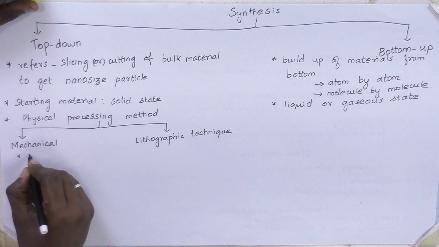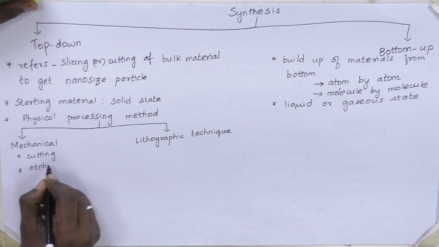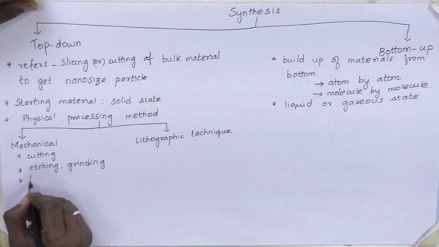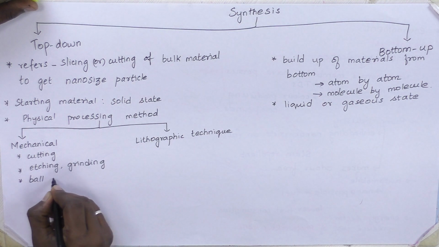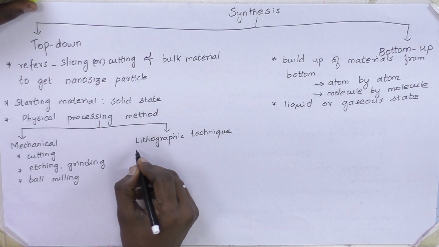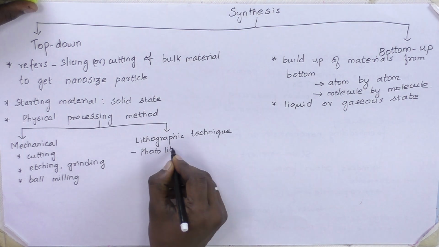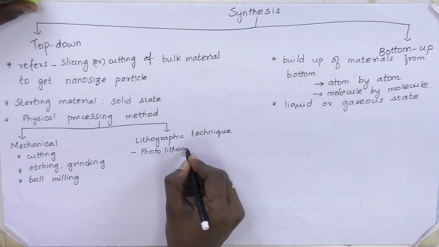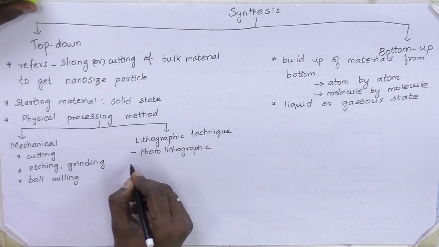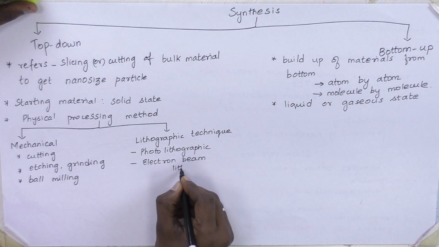Mechanical method involves cutting, etching, grinding, ball milling methods. Lithographic technique involves photolithographic technique and electron beam lithography.